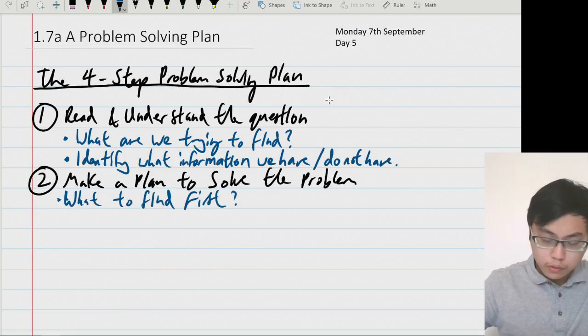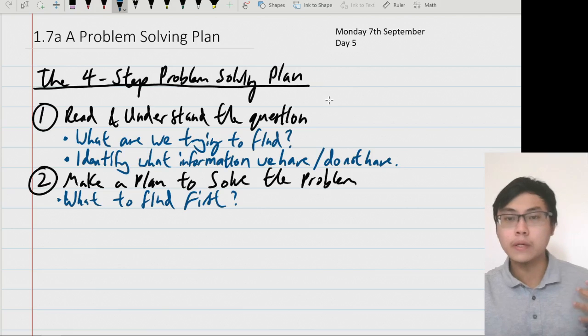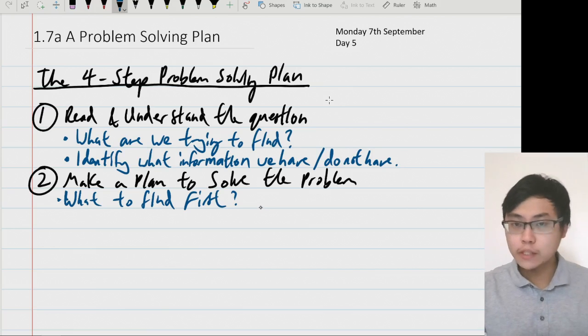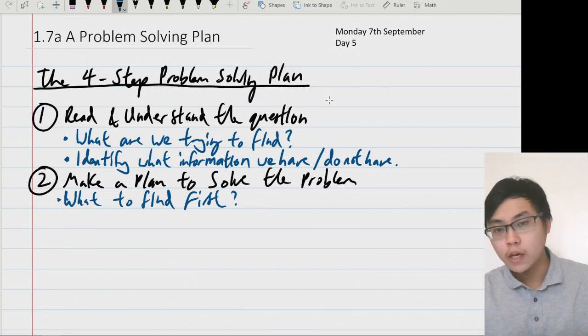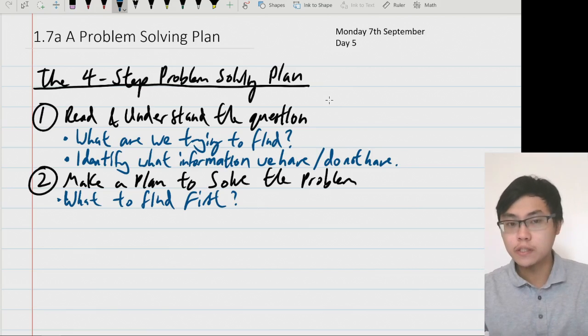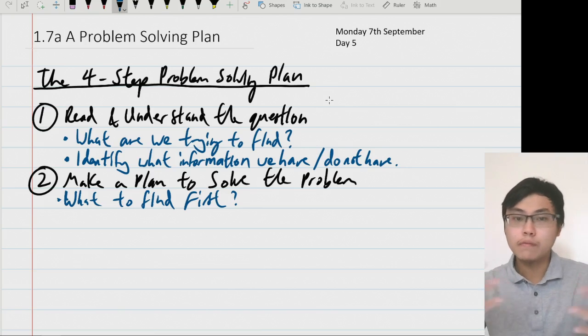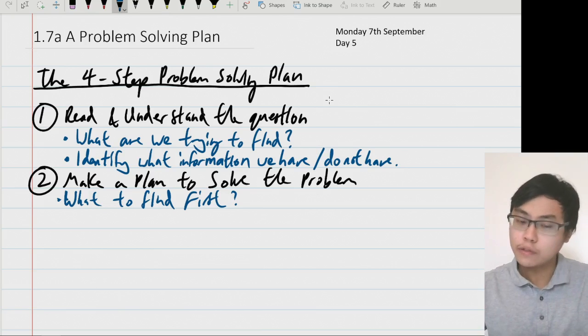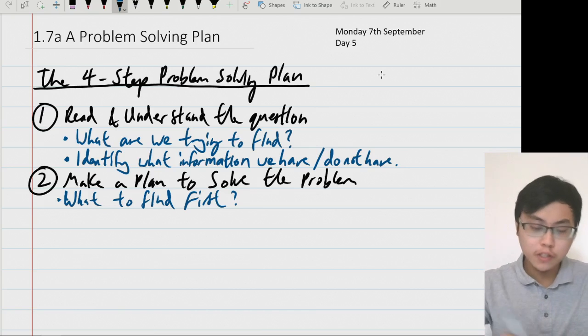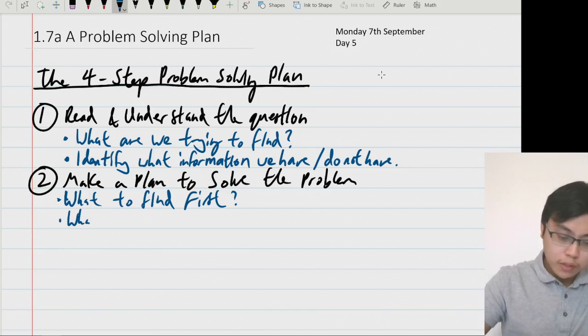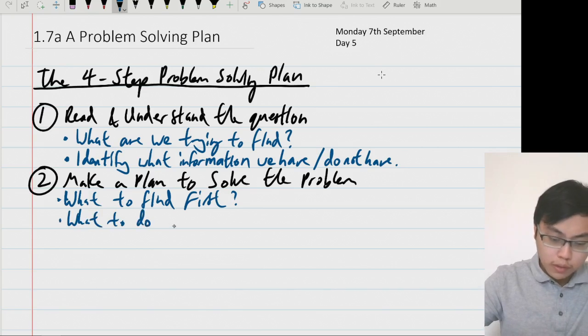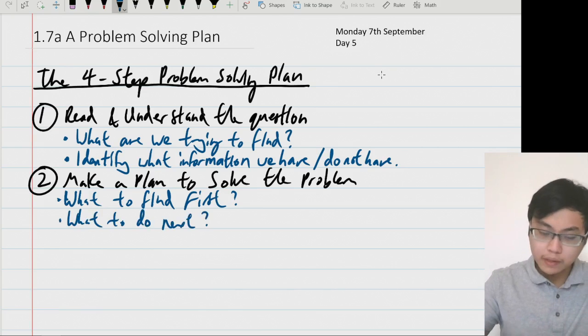Do we want to write an expression, write an equation? Are we trying to add? Are we trying to subtract? What do we want to do first? And then with the information, we can find out the answer in the end. So we want to make a plan to solve the problem, what to find first, and then what to do next.